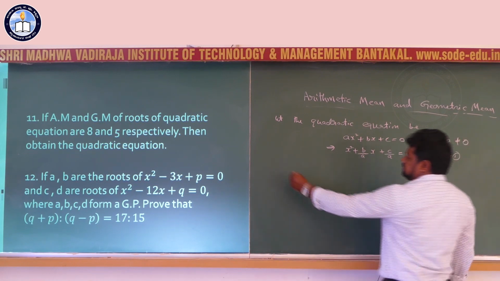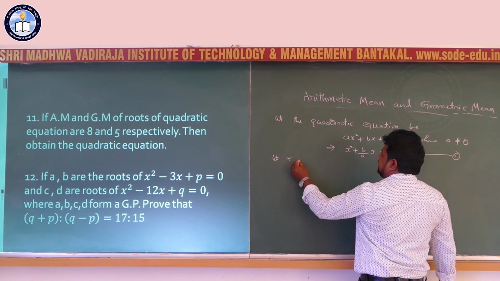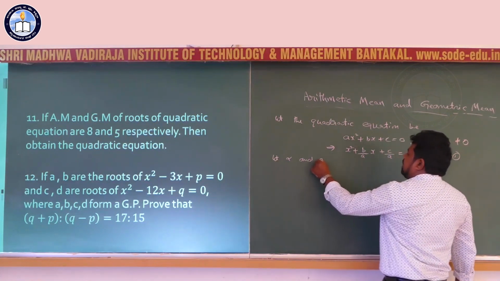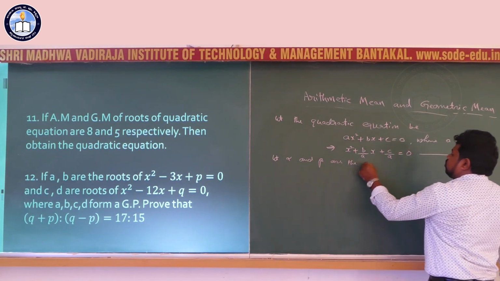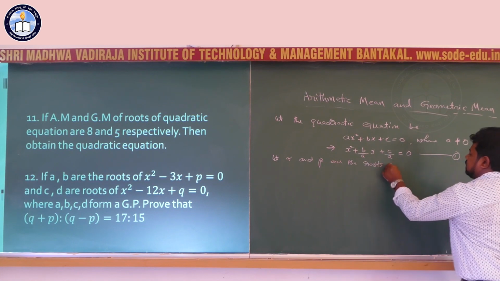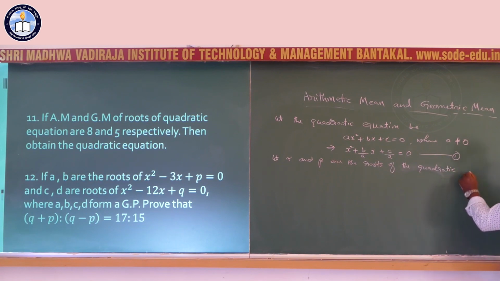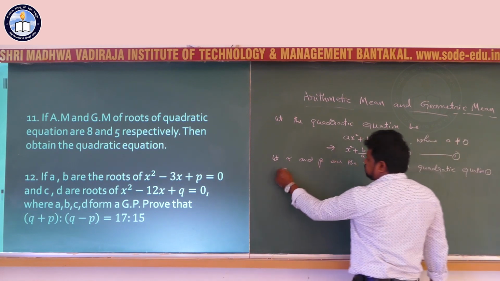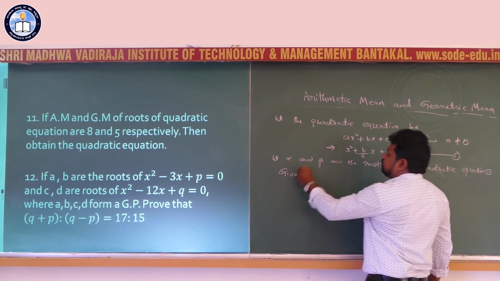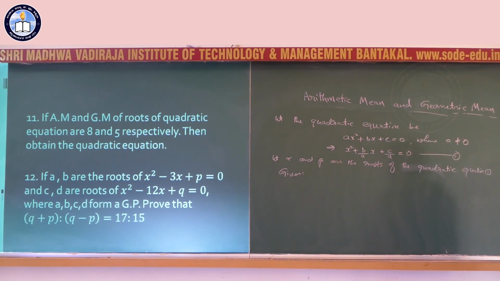Let alpha and beta be the roots of the quadratic equation 1. What is given for us? Arithmetic mean and geometric mean of roots of a quadratic equation are given.